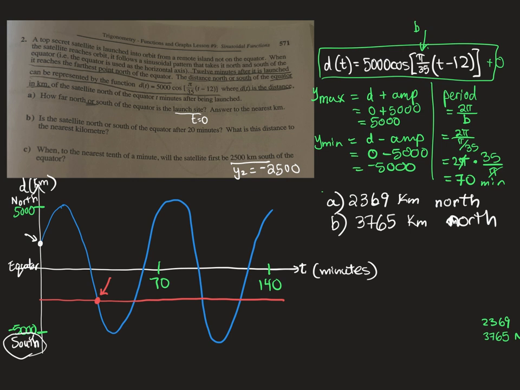So you would do second calc intersect, and they want it to the nearest tenth of a minute. Let's see if I can get that. So that would be about 35.3, I believe. So the answer to part C would be after 35.3, and that unit would be minutes from the launch time.